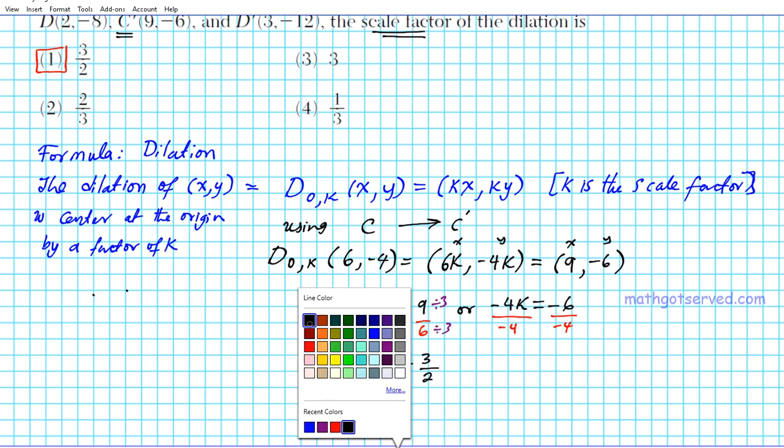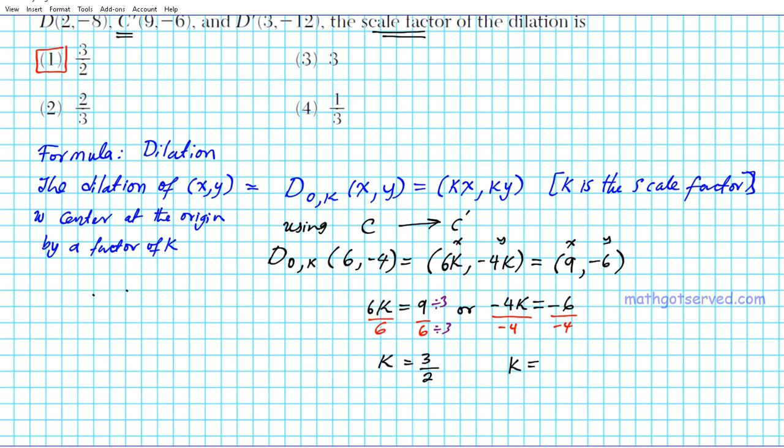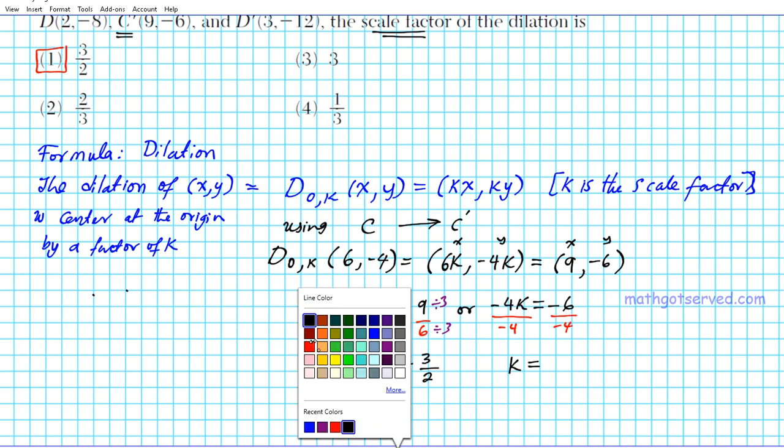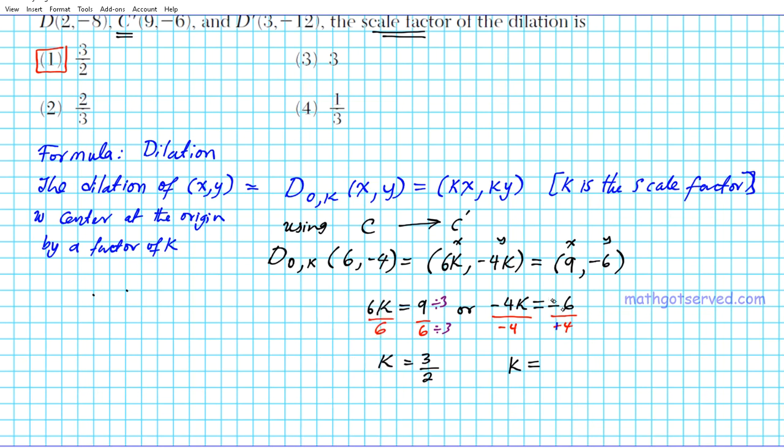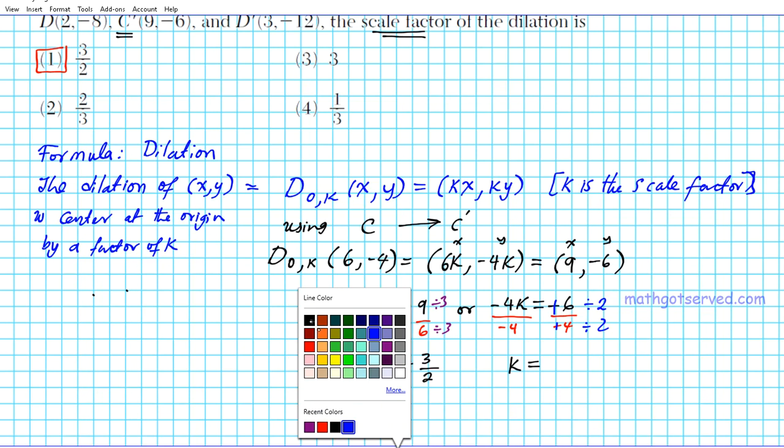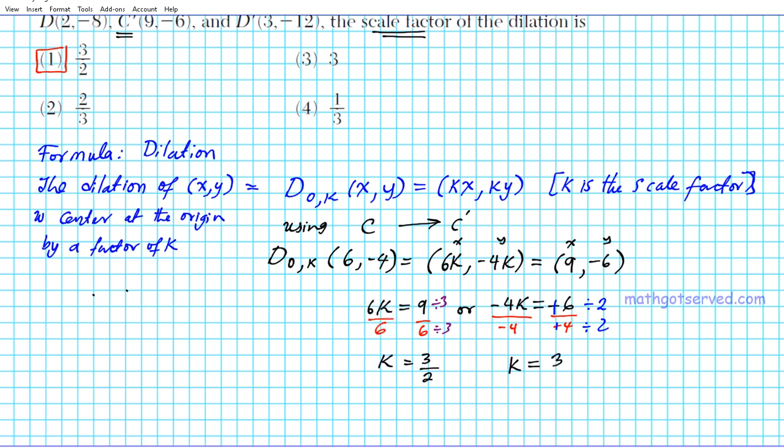That gives you k equal to, the GCF here is negative 2. Or you can just reduce the sign and divide by 2, top and bottom. And guess what you're going to get? You're going to get 3 over 2, the same answer.